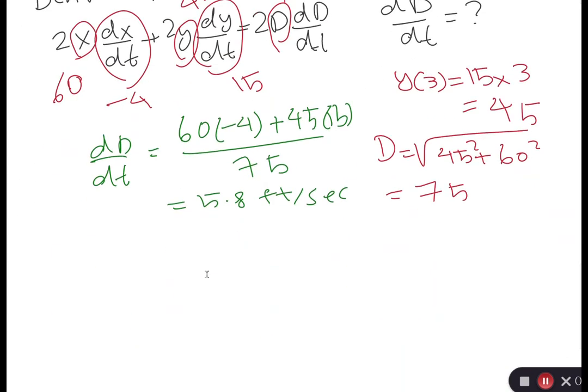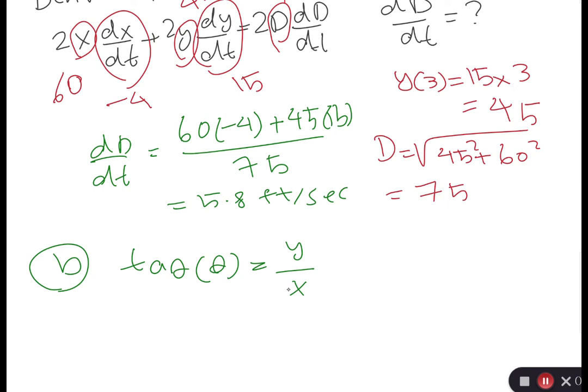So for part B, tan of theta is equal to y over x. Then we take the derivative of that.